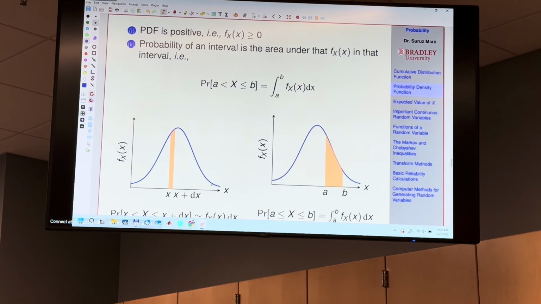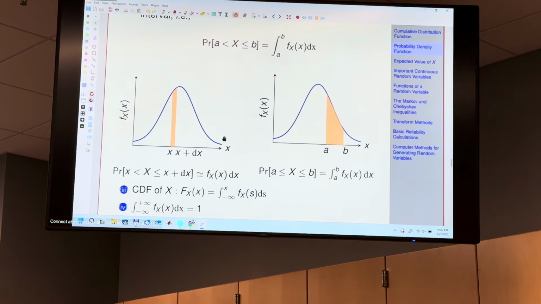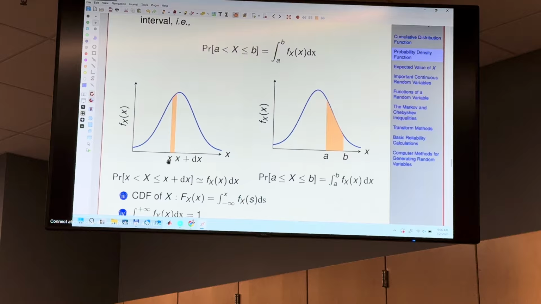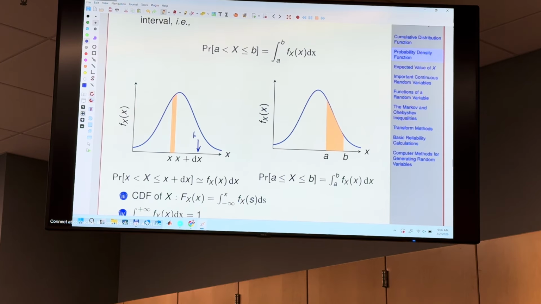This is actually better illustrated in this figure. I uploaded the new slide. In the old version of the slide you see x plus dx, and you can think of dx as h.